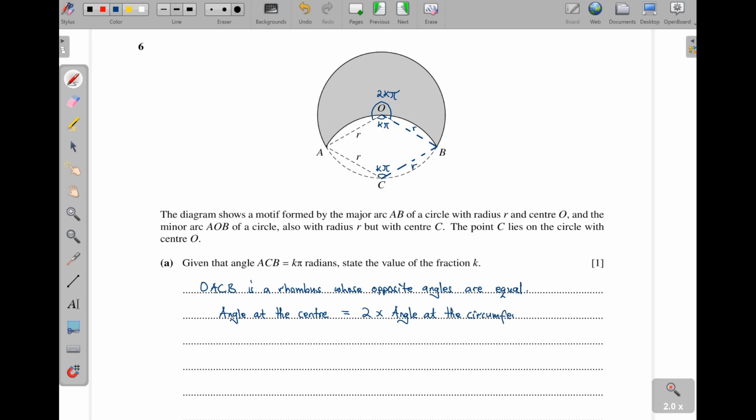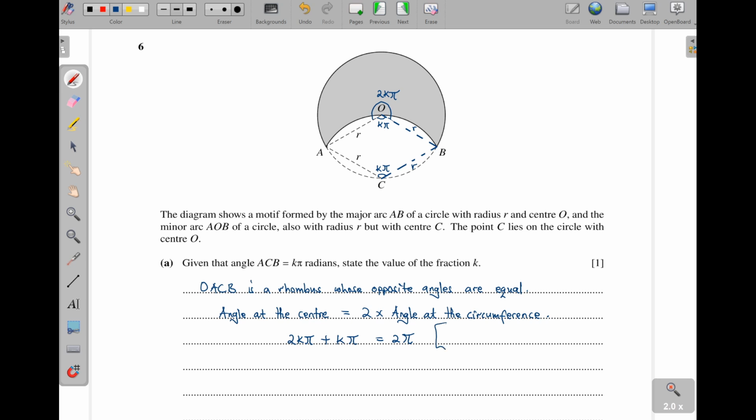That angle is subtended by the same arc. Okay, so that is why this one is 2K pi. But angles at a point sum up to 360 degrees. So this one here plus this one will give us 2 pi. So we shall have 2K pi plus K pi equal to 2 pi.